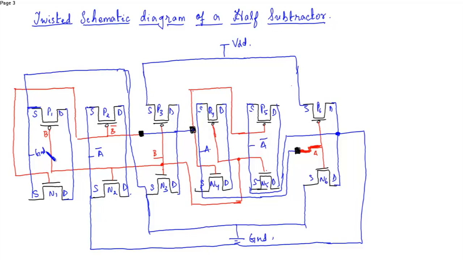Now the output is taken from the drains, so the drains of the two transmission gates are shorted. This is your borrow, and these two will have the difference.